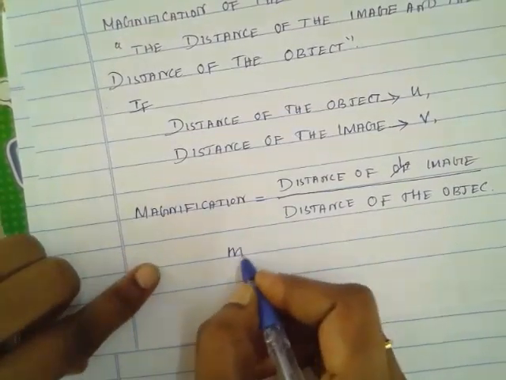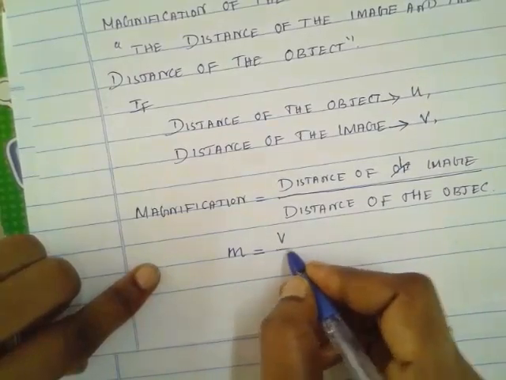That is nothing but small m is equal to v divided by u.